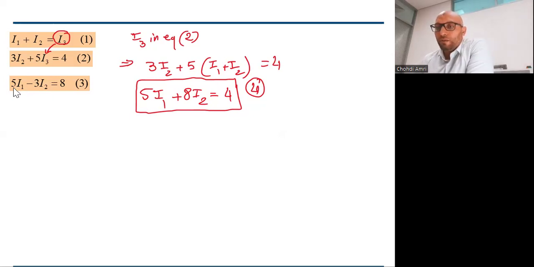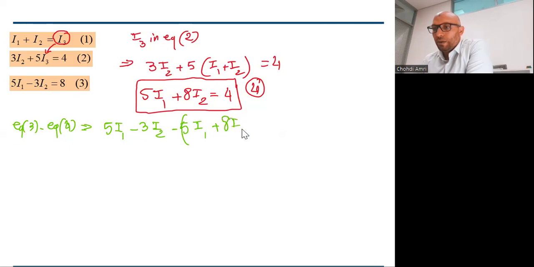You see here that we have 5I1 and 5I1. So if we subtract the two equations, equation 3 minus equation 4, we will get 5I1 minus 3I2 minus 5I1 plus 8I2 equals 8 minus 4.